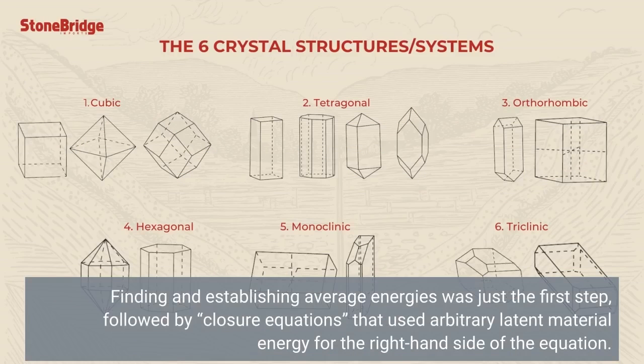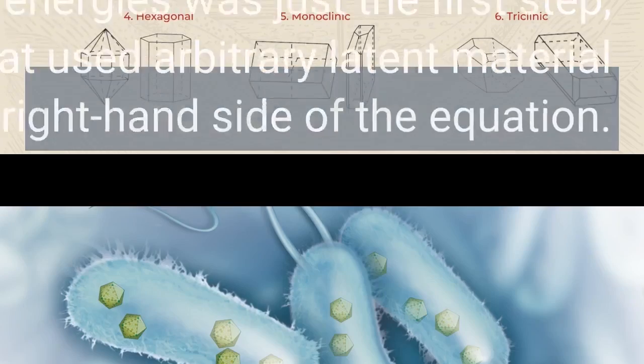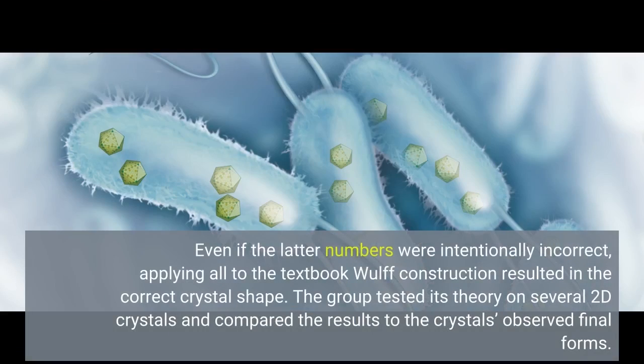Finding and establishing average energies was just the first step, followed by closure equations that used arbitrary latent material energy for the right-hand side of the equation. Even if the latter numbers were intentionally incorrect, applying all to the textbook Wulff construction resulted in the correct crystal shape.